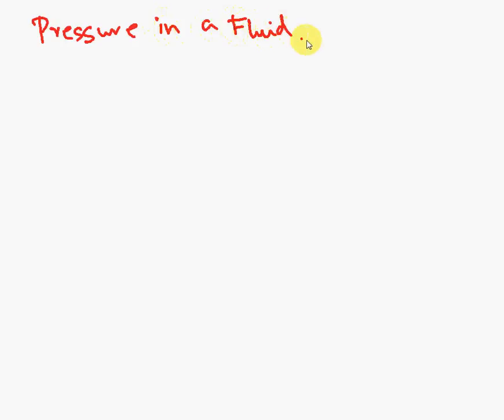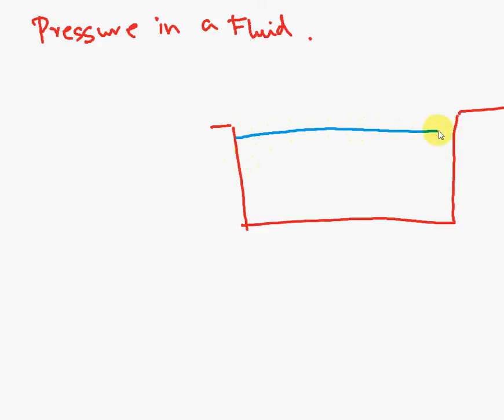Suppose I'm trying to do my best diagram possible of a swimming pool. Here's a swimming pool and here's you standing at the bottom of it. I know that's not realistic, but let's say you're 10 meters below. What is the pressure you experience at the bottom of the swimming pool, at a depth of 10 meters?